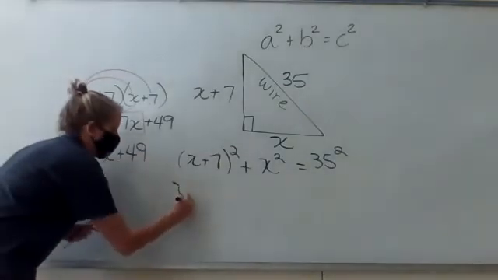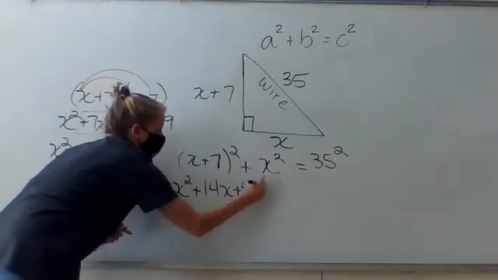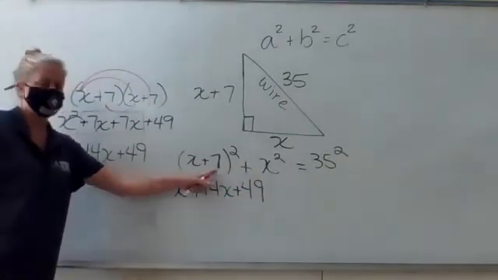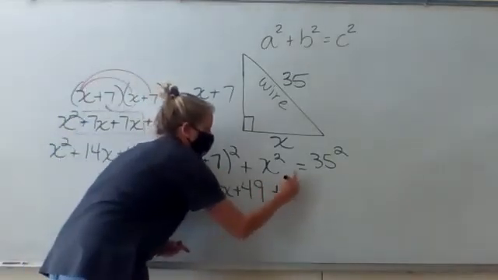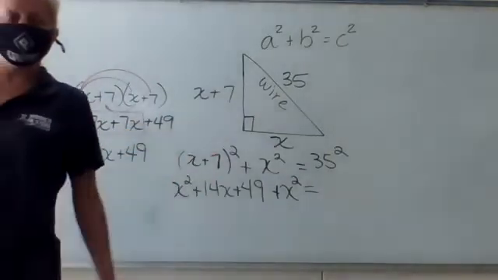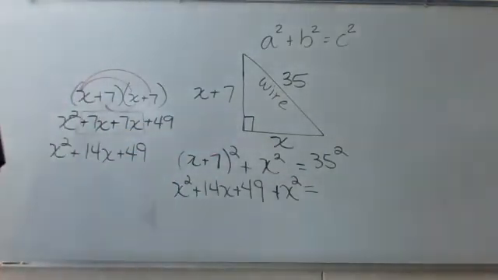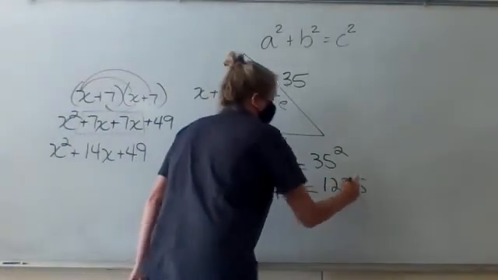So x squared plus 14x plus 49. And from the x plus 7 squared, now I've got to drop down this plus x squared equals 35 squared, which you can just punch in your calculator, 35 times 35, which gives me 1225.